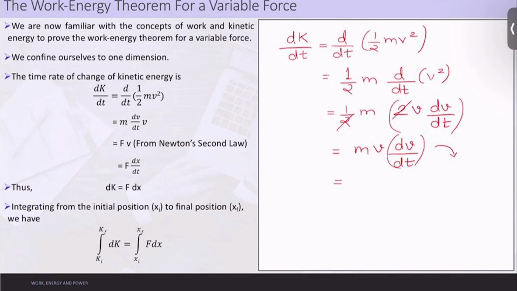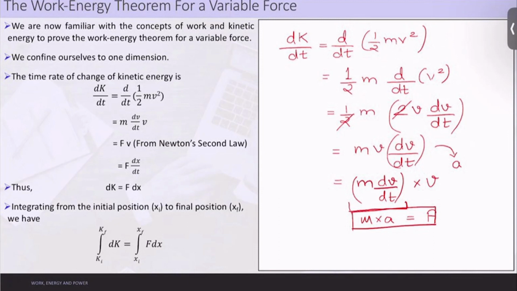Change in velocity with respect to time is nothing but your acceleration. So I can write either directly this is acceleration, or I can write it as m dv by dt into velocity. Now if you see this clearly, it is nothing but mass into acceleration, which is force, which you understood in the chapter of laws of motion, correct? Therefore dK by dt is nothing but equal to force into velocity.